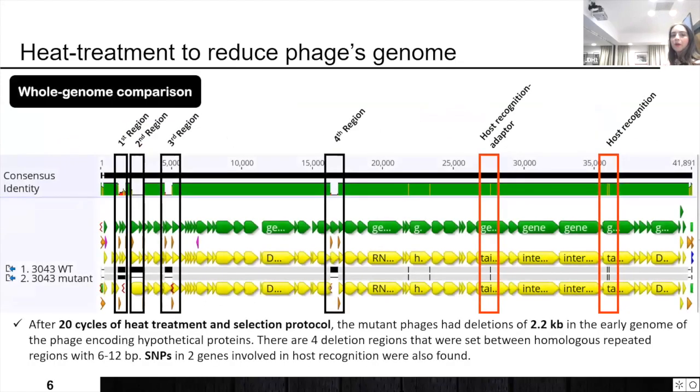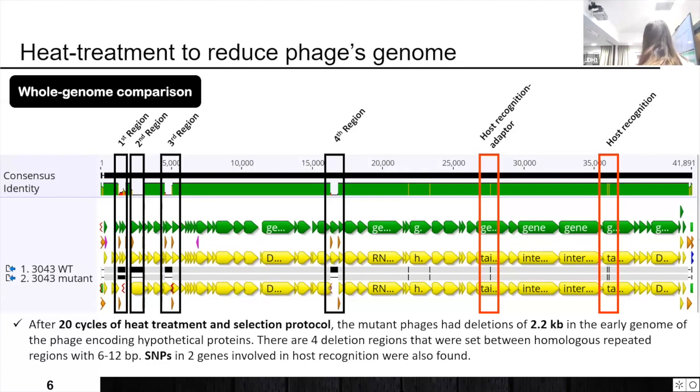And by whole genome comparison with the wild type phage, we could see that our mutant phages had deletions of around 2.2 kb, especially in the early genome of the phage and always encoding hypothetical proteins. Also, as you can see displayed in black in the slide, there are 4 deletion regions that were set between homologous repeated regions of 6 to 12 base pairs.